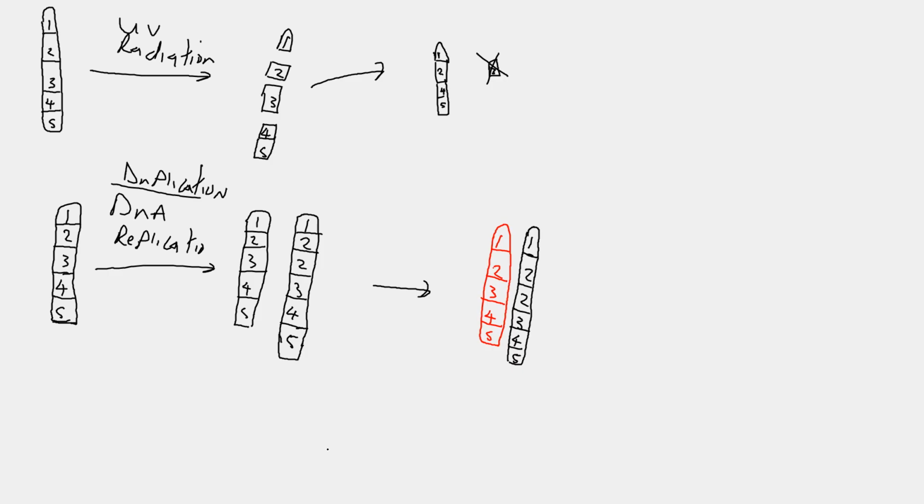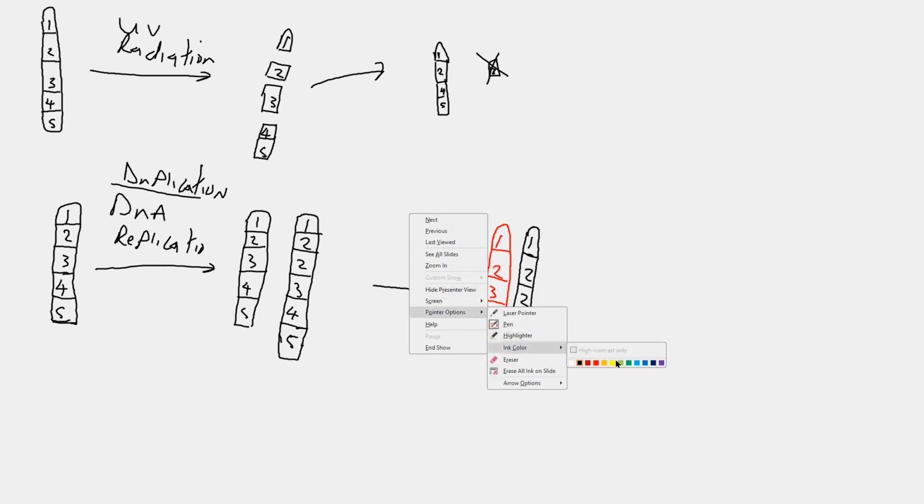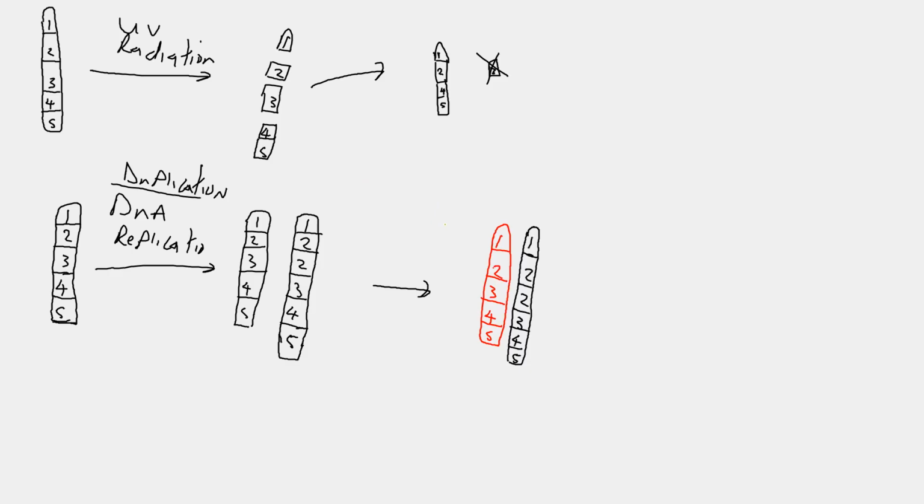But here's the thing. Section 1 genes are looking for section 1 genes to pair up with, right? So they do that. Section 2 genes pair up with section 2 genes. Section 3 cannot pair up with section 2 because they don't have the same genes. Same thing with section 4 down here, wrong genes, and section 5, wrong genes.